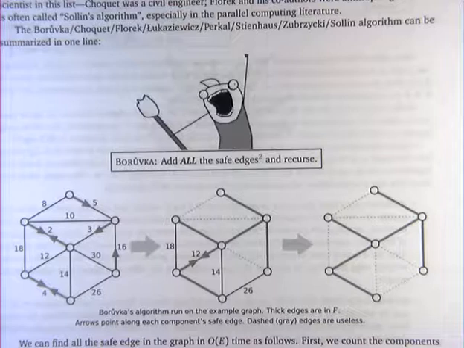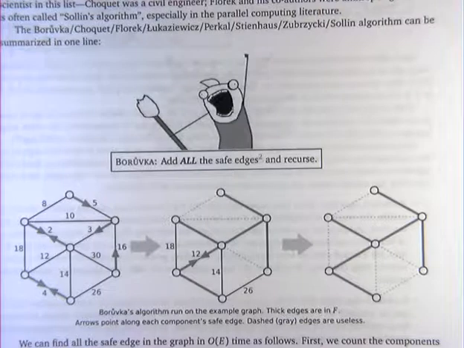Okay? So there are 2 things that I need to nail down in order to turn this sketch into a real algorithm. One, how do you identify all of the safe edges? Adding them to the forest is relatively simple. And second, how many phases is this algorithm going to go through?